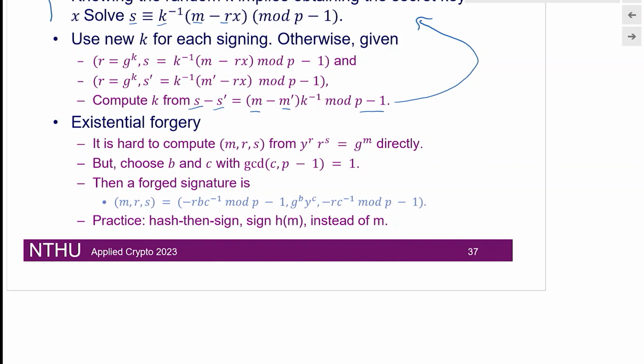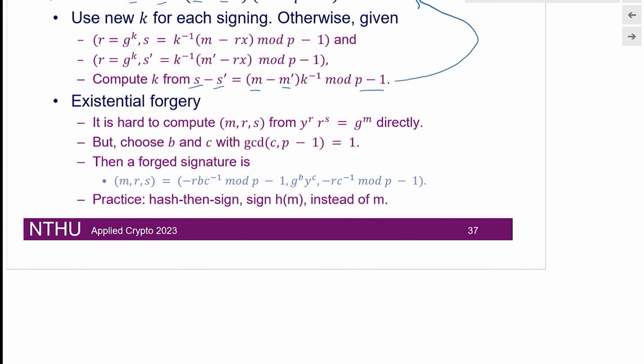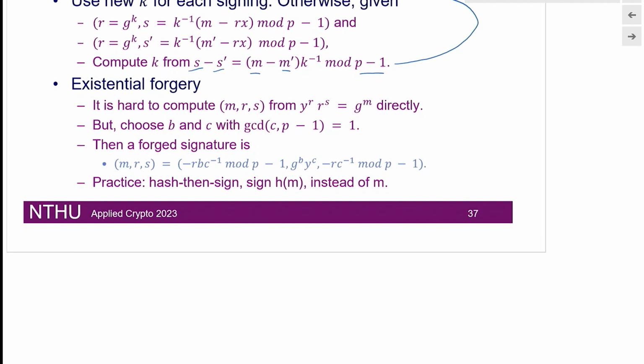So it turns out that the way we can do so, we can choose some values B and C, but make sure that the GCD of C and P minus 1 is 1, because then C has an inverse. So C times C minus 1, if we call the inverse, should become 1 mod P minus 1.